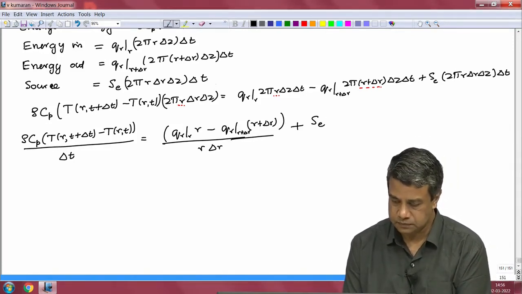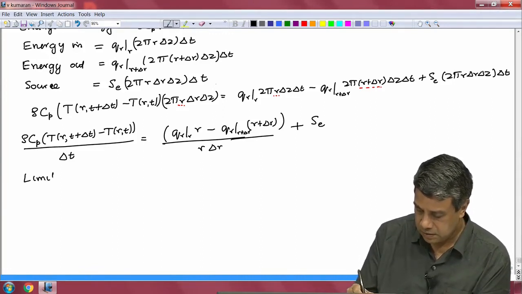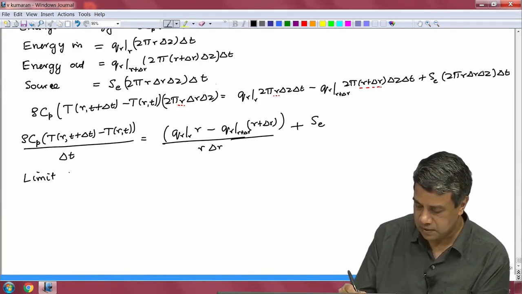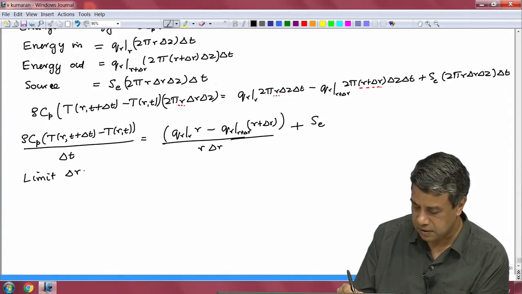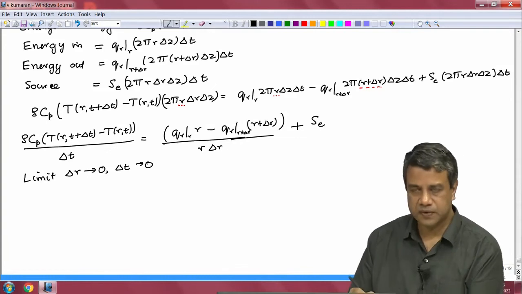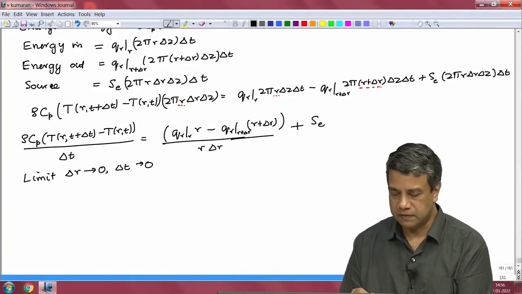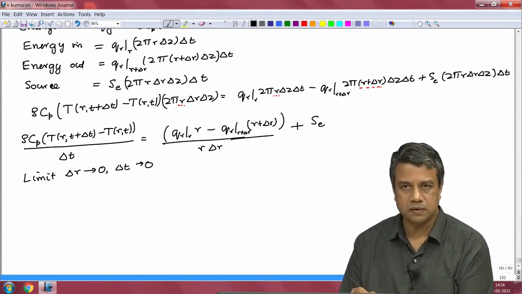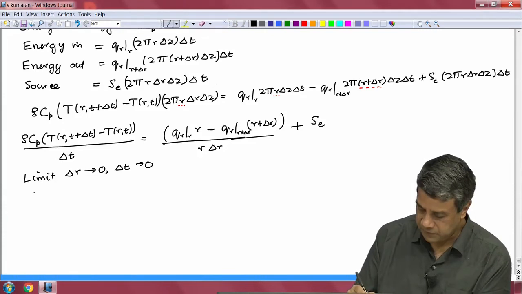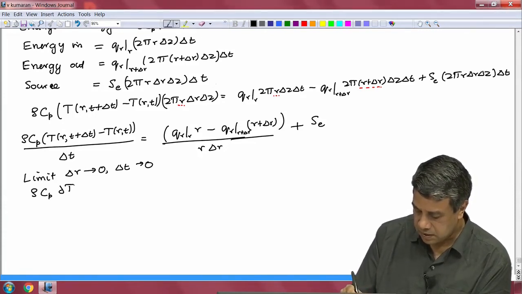To go from the difference equation to the differential equation, I take the limit delta r going to 0, delta t going to 0, and I will get rho Cp into partial T by partial t.